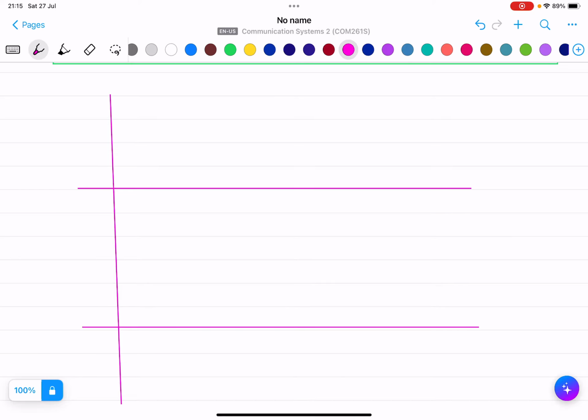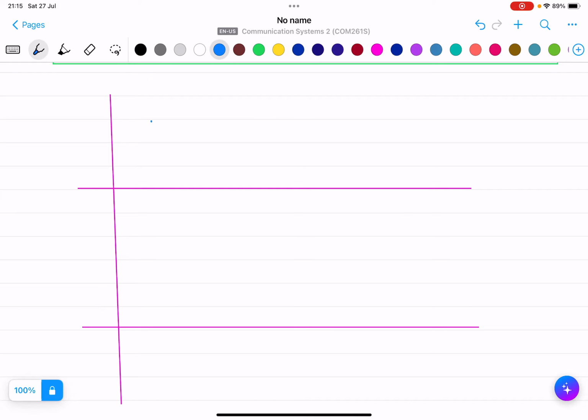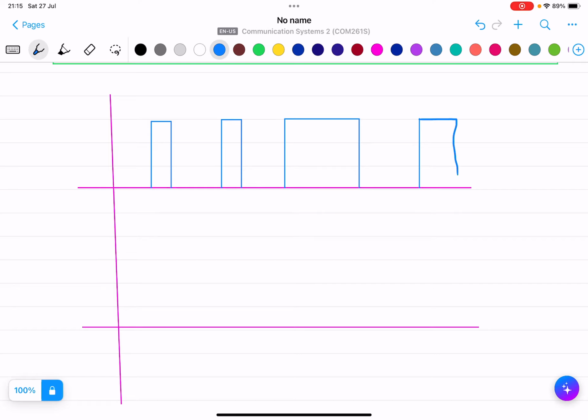If I am making the waveform, suppose this is the PWM signal. PWM means the width is not constant. It can be high, it can be low, anything.